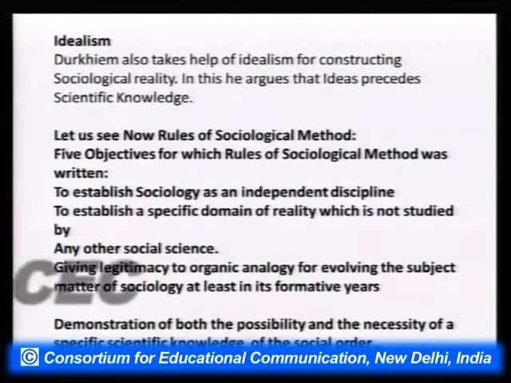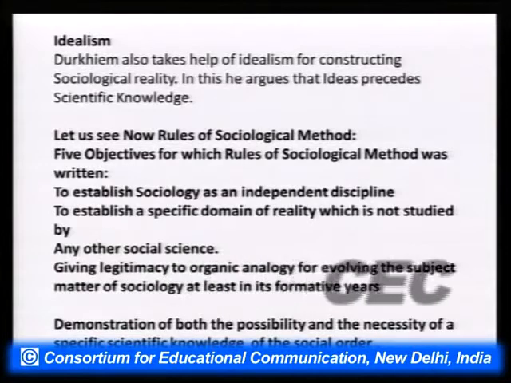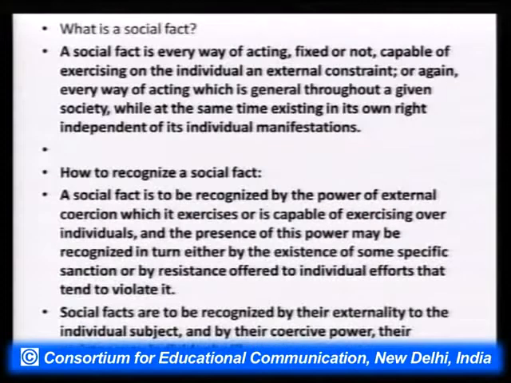He wanted to argue that without organic analogy, in the beginning, sociology cannot establish a scientific subject matter, and therefore you have to give it legitimacy. And the fourth is demonstrating both the possibility and the necessity of a specific scientific knowledge of the social order.